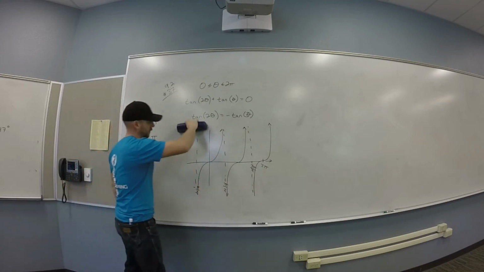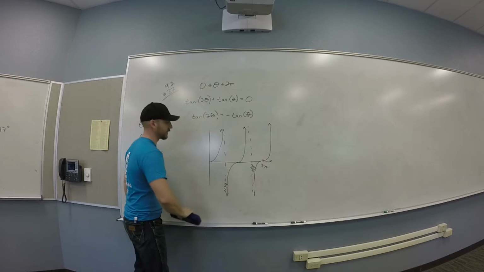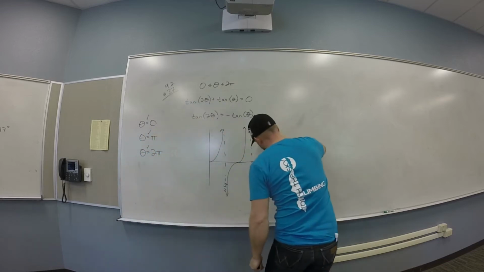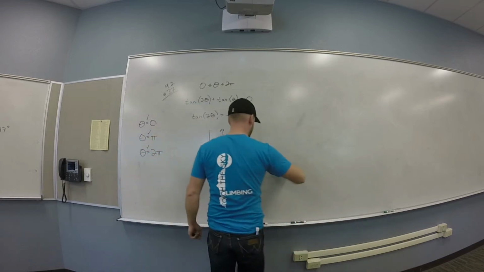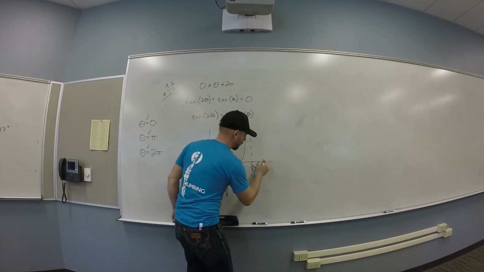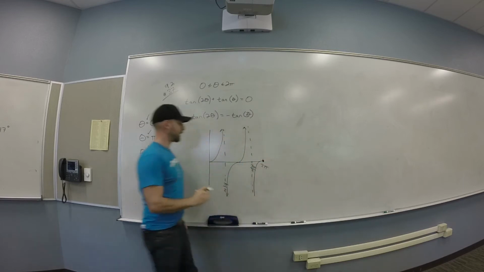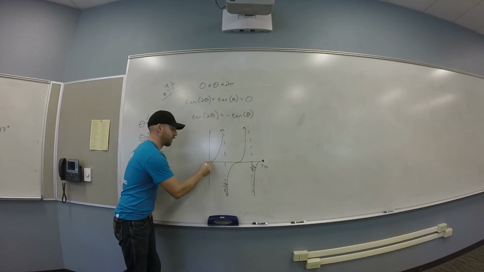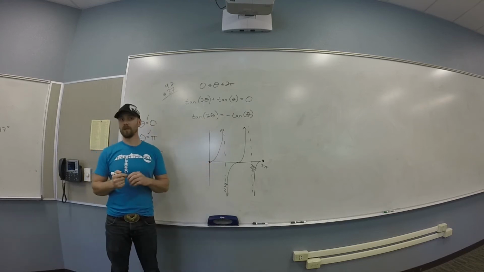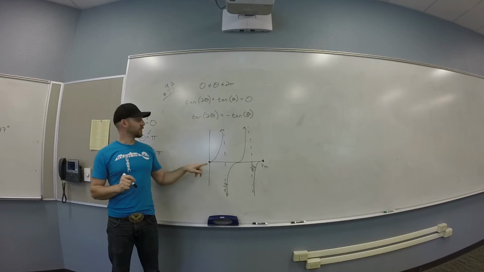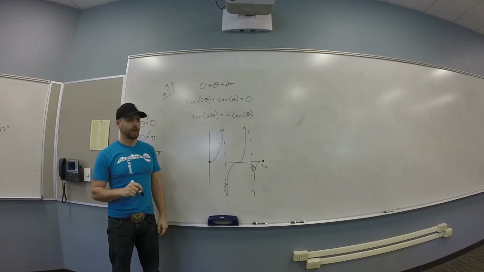I don't care about the negative stuff or anything bigger than 2 pi, so this is the world I care about right now. The black stuff is tangent theta.